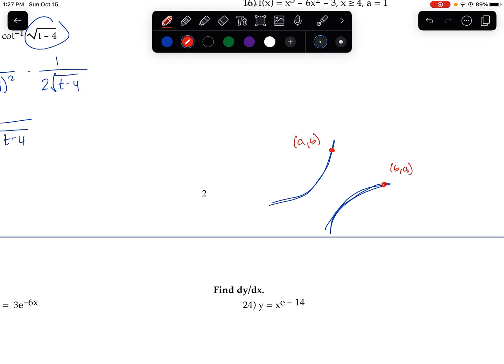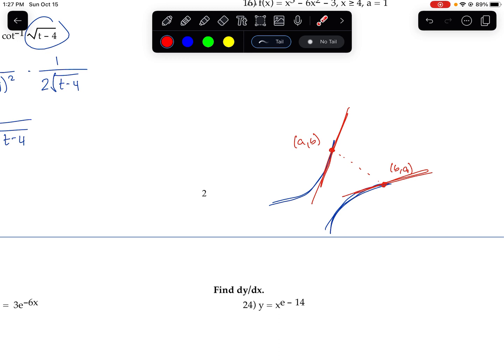And we should have learned earlier that at these corresponding points, their slopes are not negative reciprocal, just reciprocal. So we'd have a line like this, and we'd have a line like this. So make sure that you don't use the negative reciprocal like you would for a normal line.